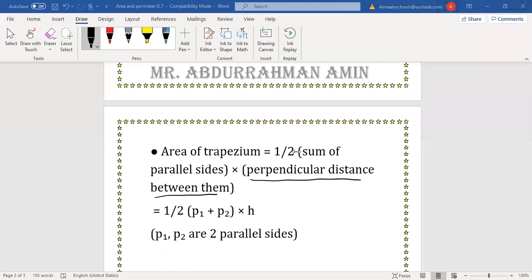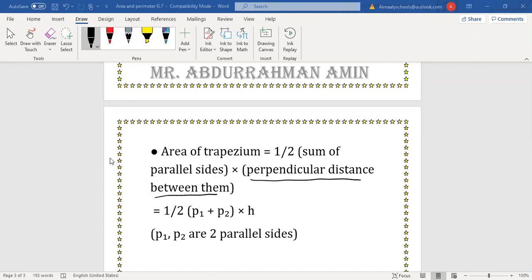Yes? 6.5 multiplied by 9, because the area of the parallelogram equals? Base length multiplied by height. Excellent, thank you.